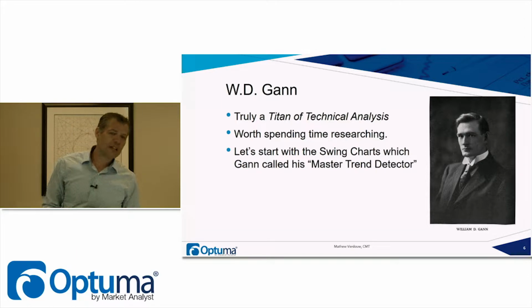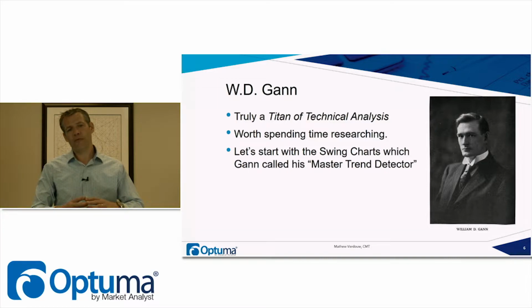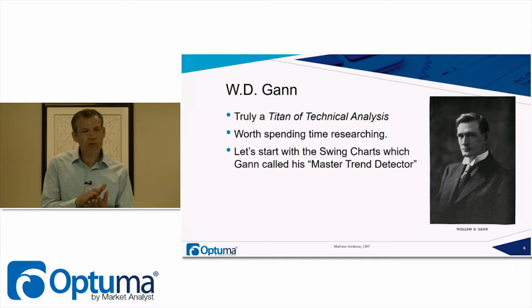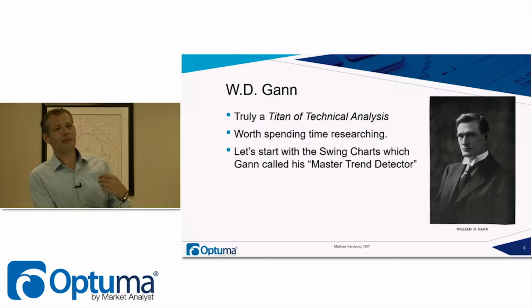Now, if you've ever done Dow theory, or any formal study in technical analysis, you know that the principal goal of technical analysis is to identify the primary trend. You hear the sayings all the time, the trend is your friend, trade with the trend. That's where all that comes from.